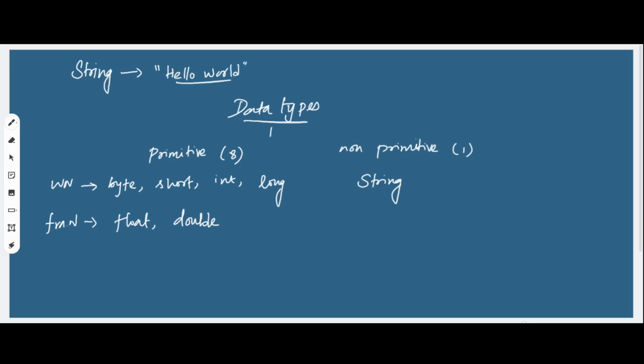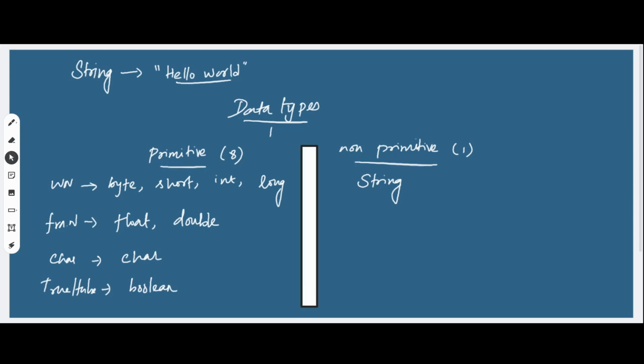For character, we have only one data type, called char. To handle true or false, we have one data type called boolean. So this is about data types in Java.